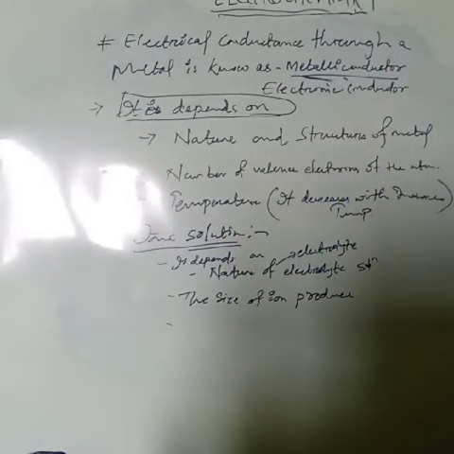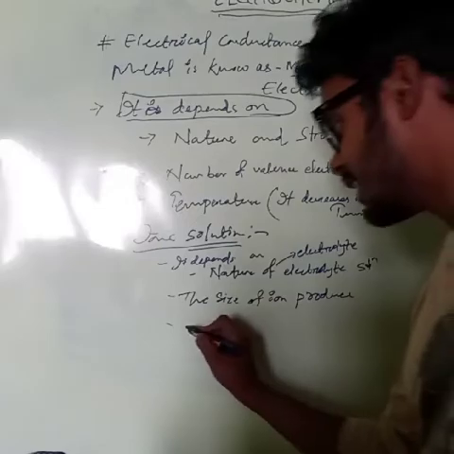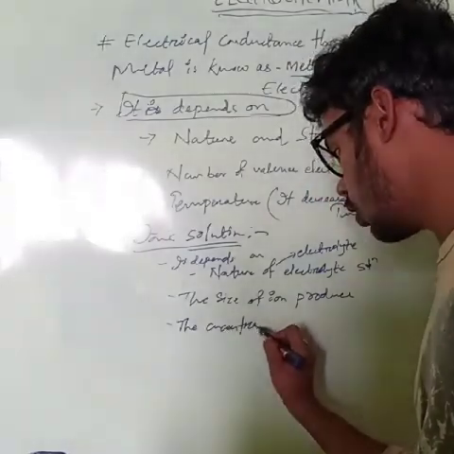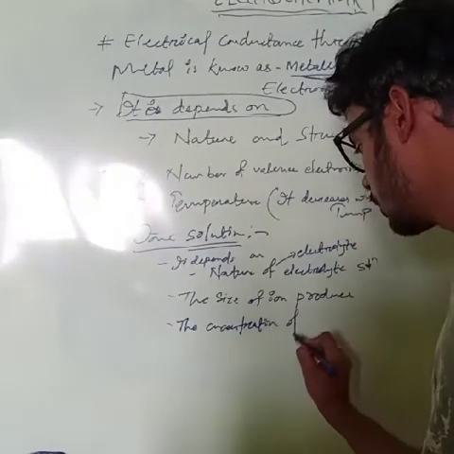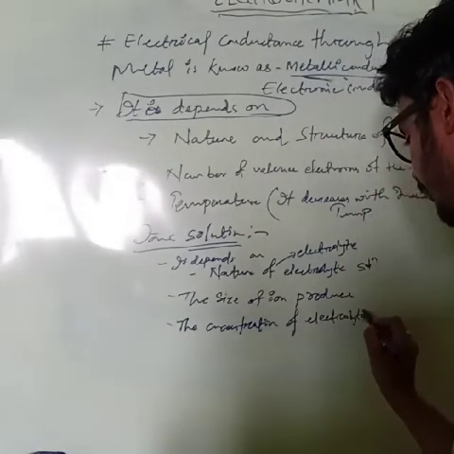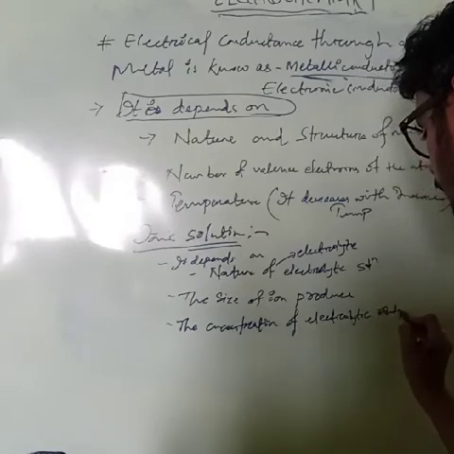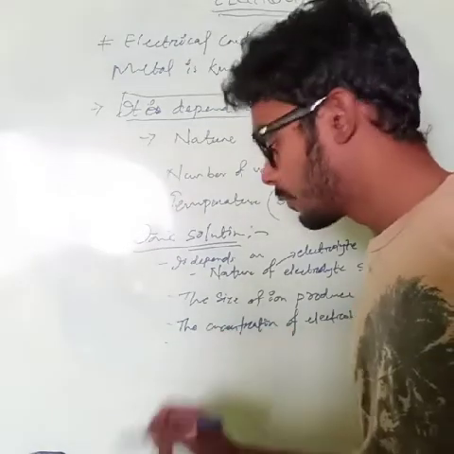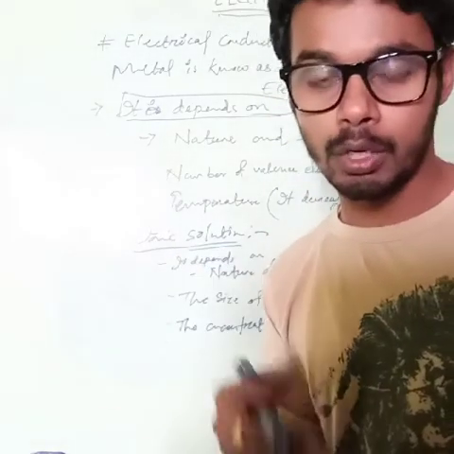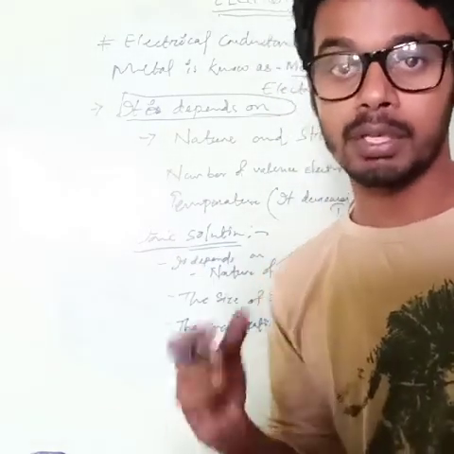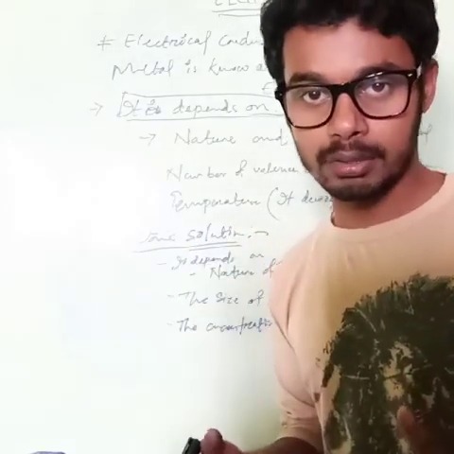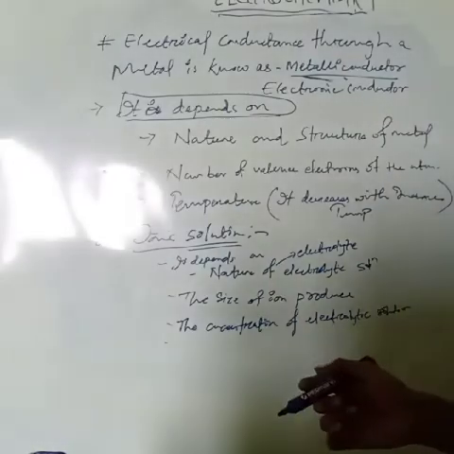Next point, the concentration of electrolytic solution. What concentration you have taken, low or high or moderate, and whether the electrolyte solution is getting free space or not. So concentration also.